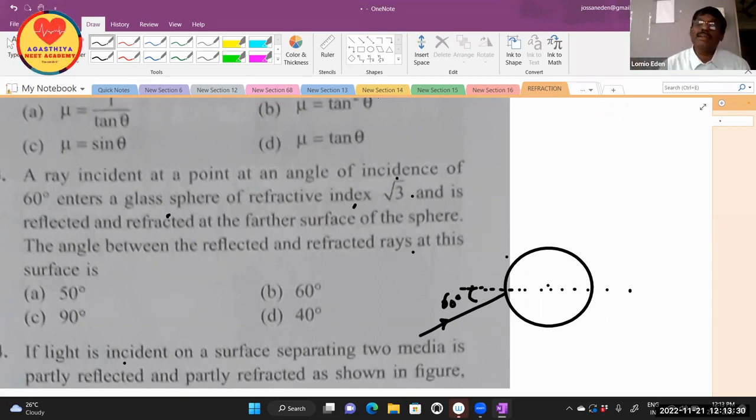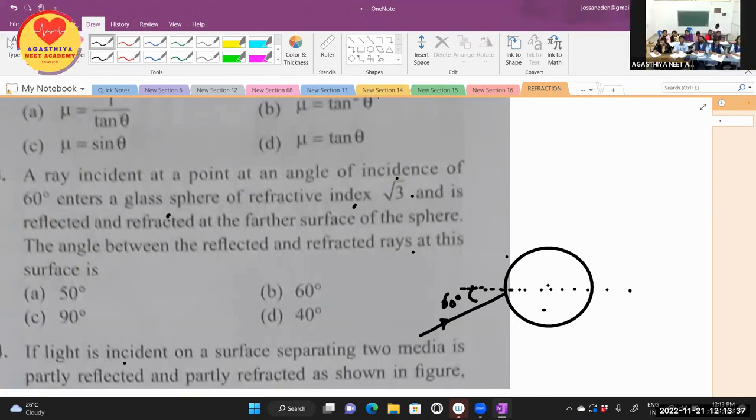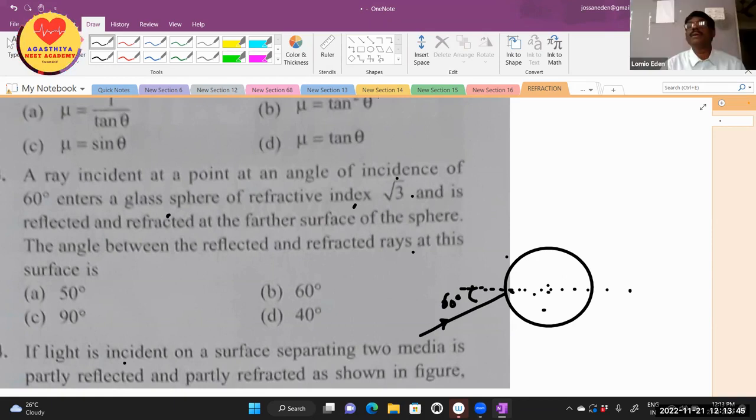Usually, when light is incident on a surface, it will be reflected. Okay, wow. Here, first the refraction happens. This is the normal at this point.